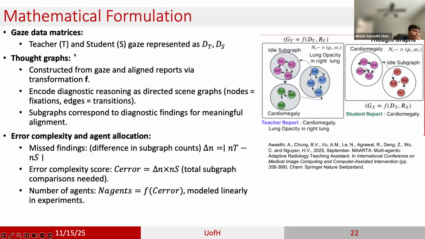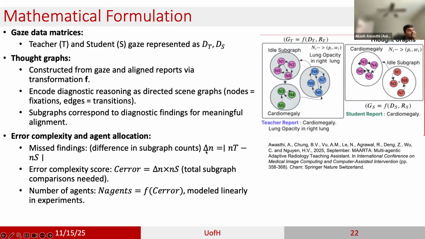We developed a new agentic system, where we take the same concept of thought graphs from the previous methodology, and these thought graphs are constructed the same way as I described. But we define an error complexity and agent allocation function.